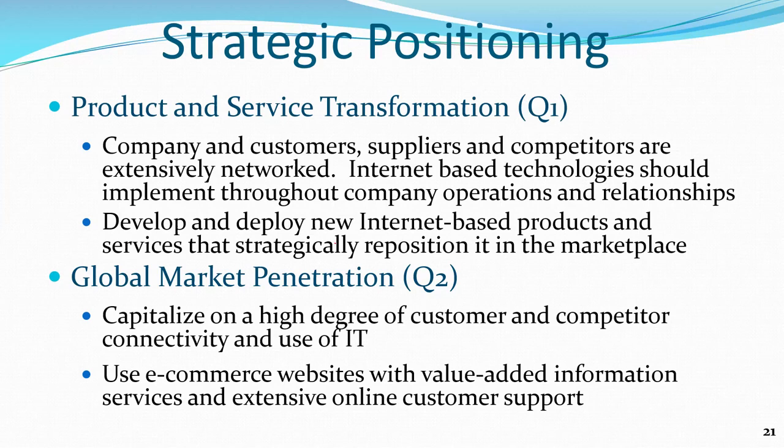And if it is Q2, or quadrant 2, capitalize on the high degree of customer and competitor connectivity and use of IT. Q2 is where we have high external drivers, but internal drivers are low.